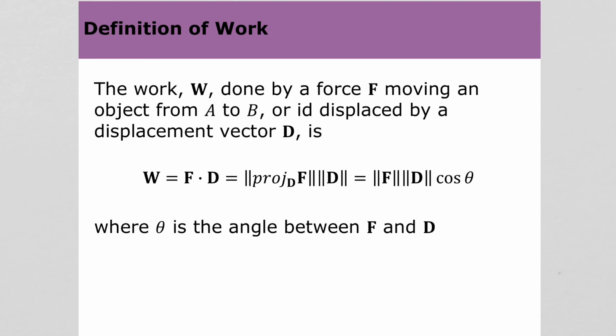So it says the work done by a force moving an object from A to B, or is displaced by a displacement vector D, is this. Let me look at my notes, make sure I got that right.